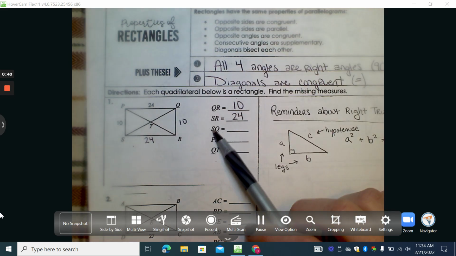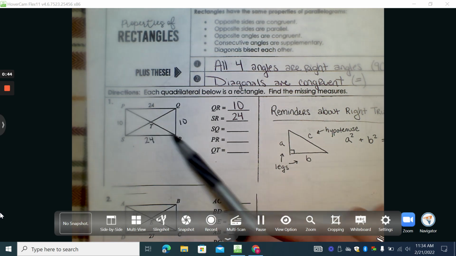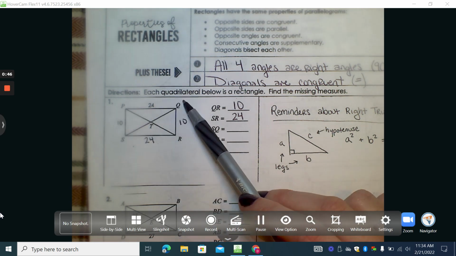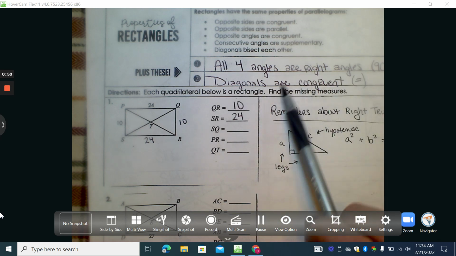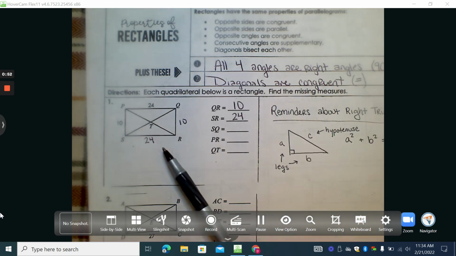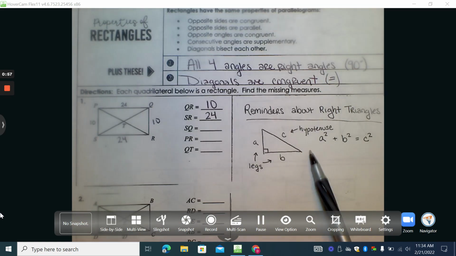But my next 2 pieces that it's asking about is SQ and PR, essentially the lengths of my diagonals. I know that they're going to be the exact same thing because diagonals are congruent, but what we're going to now have to deal with is some right triangles.